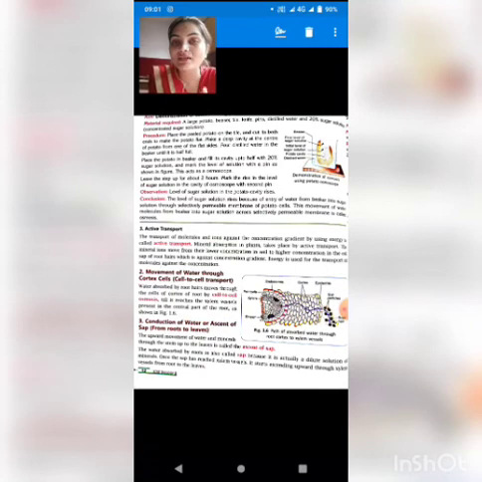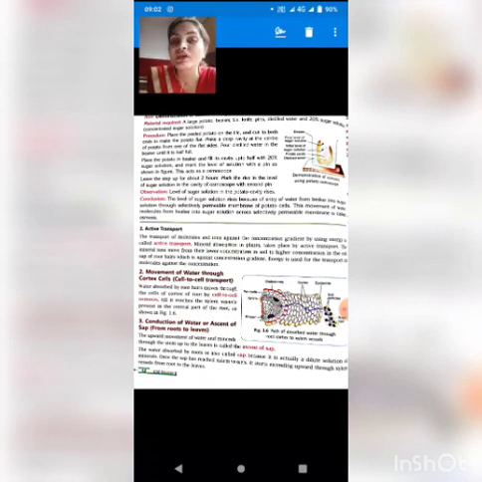Okay, and this process requires energy. Energy is used for the transport of molecules against the concentration. If we do any work against what usually happens, then it requires energy, and this process is known as active transport.